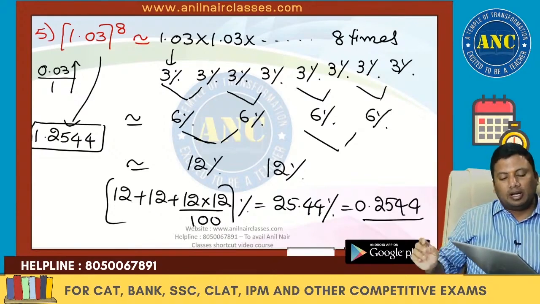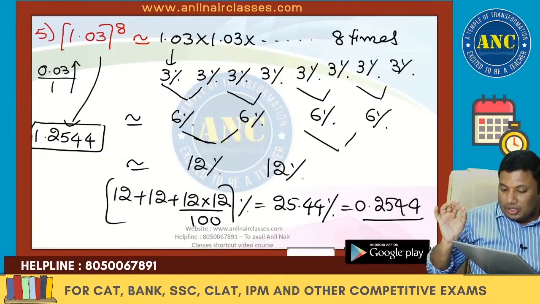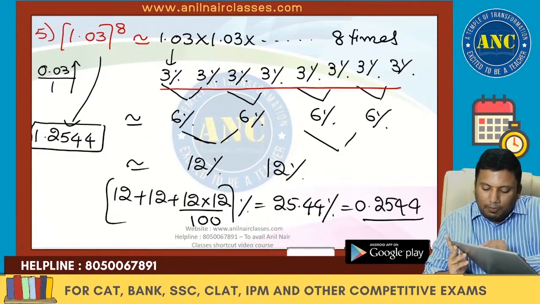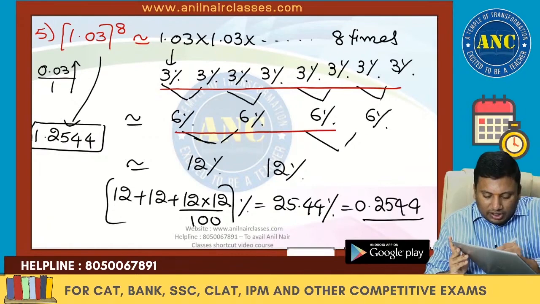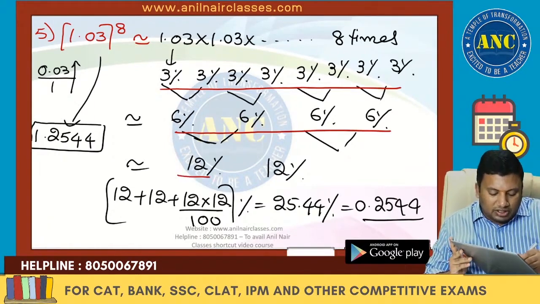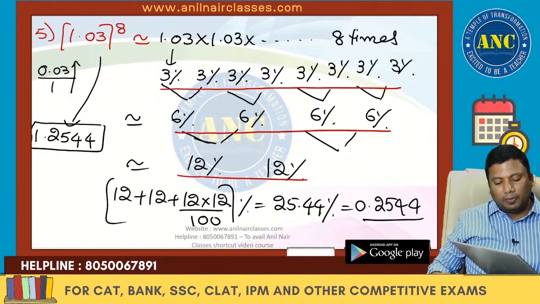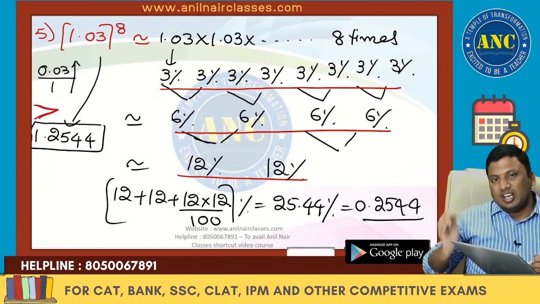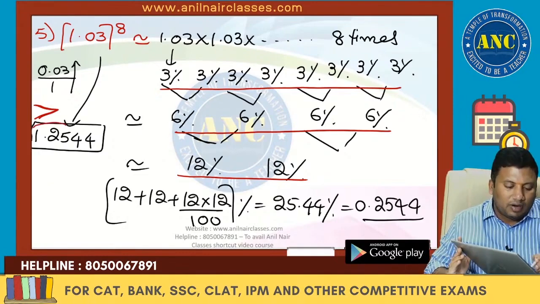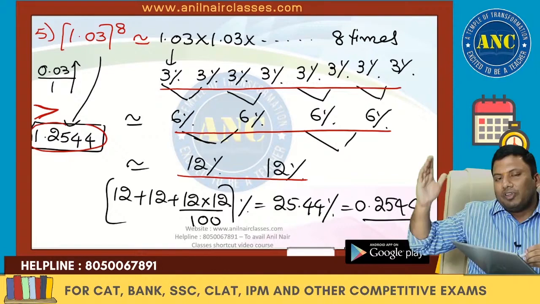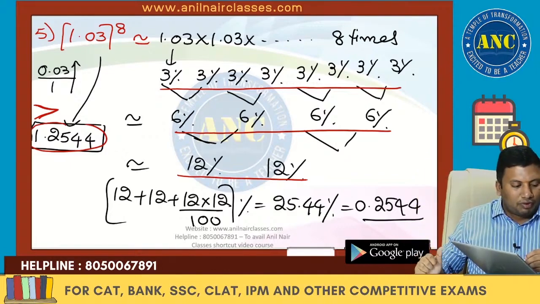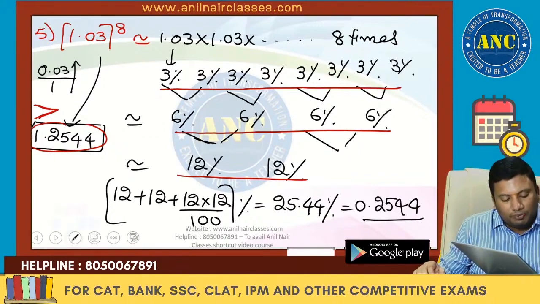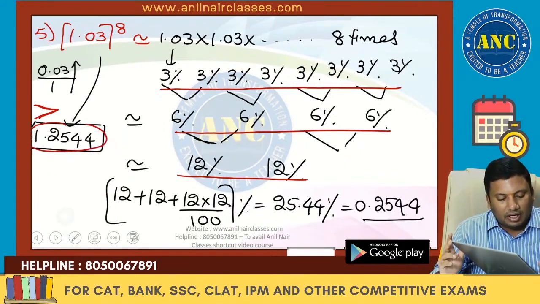Just by looking at the question you can say 3 percentage successively 8 times is nothing but 6 percentage 4 times, which is nothing but 12 percentage 2 times. Anyway it is 6.09, I took only 6. So the lowest value, the lower limit, is 1.2544. The value will be greater than 1.2544. Fifth one, I hope the idea is clear.